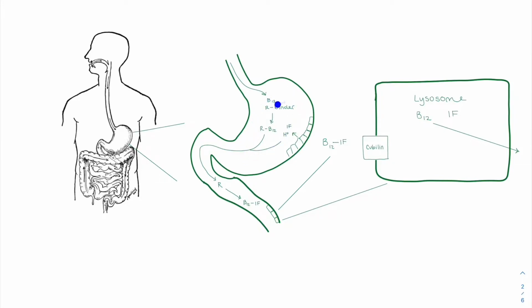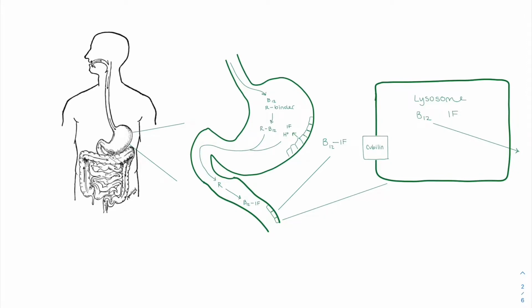So in order for B12 to travel through the stomach, it binds to this R binder. Both the hydrogens and intrinsic factor, and this R binder plus the B12, travel down the stomach and into the small intestine.